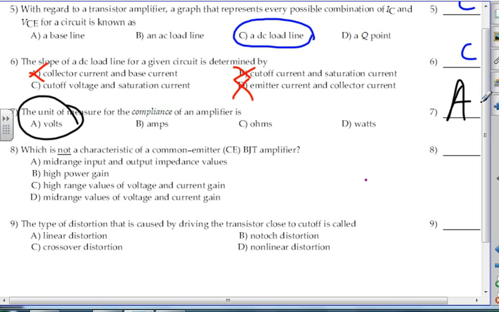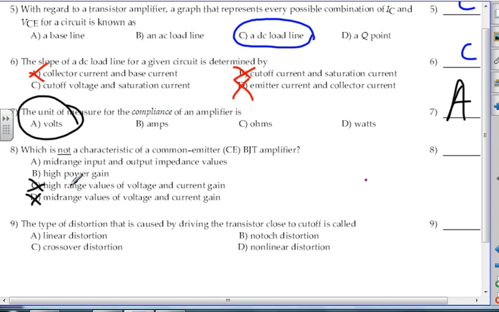Which is not a characteristic of a common emitter amplifier? Mid-range input and output impedance values. High power gain. High range values of voltage and current gain. Okay, it can't be C. Mid-range values for voltage and current gain.